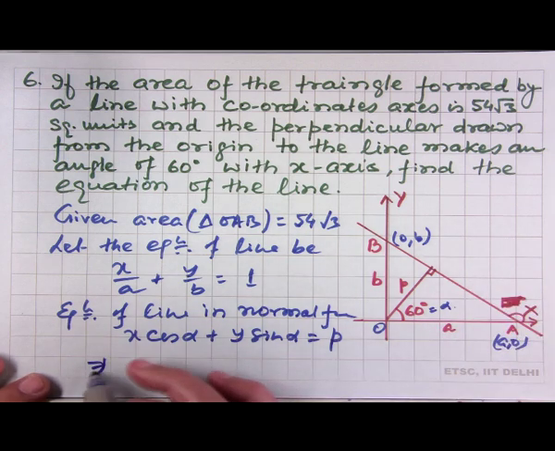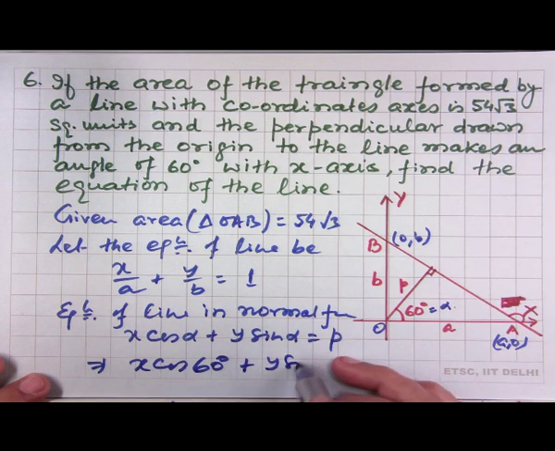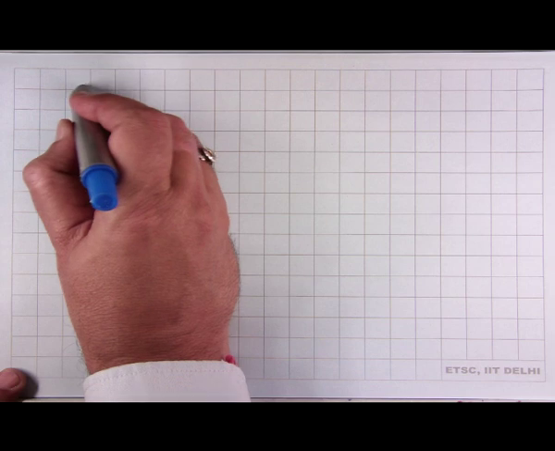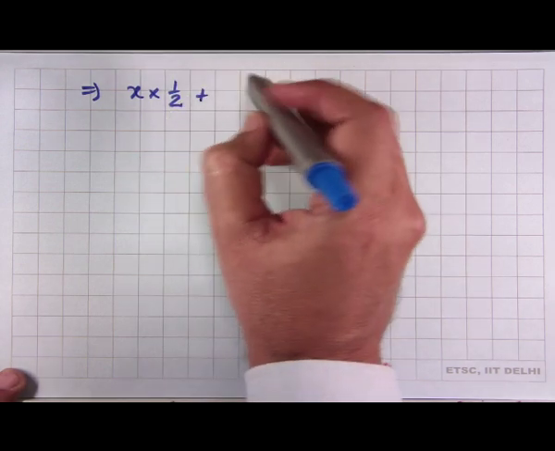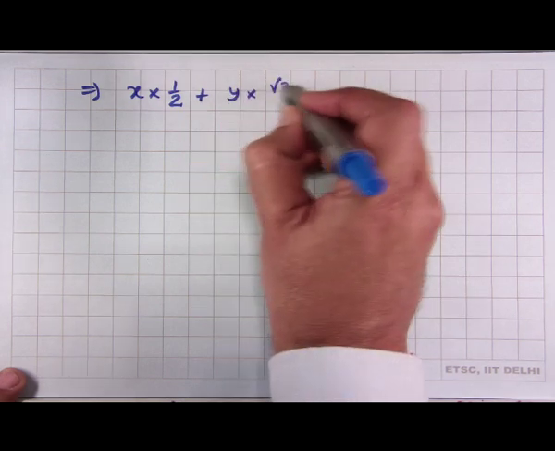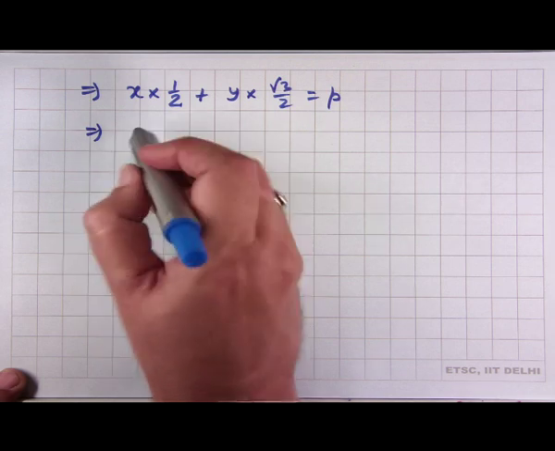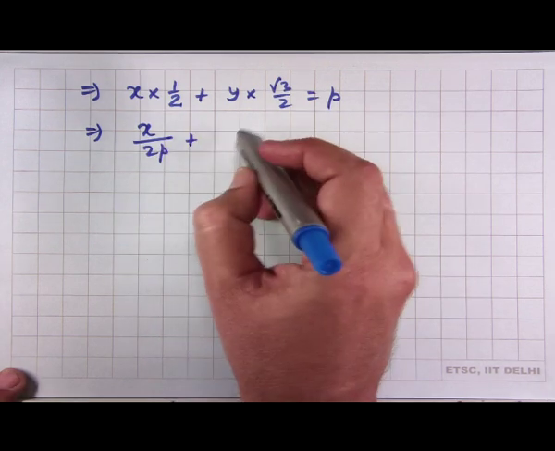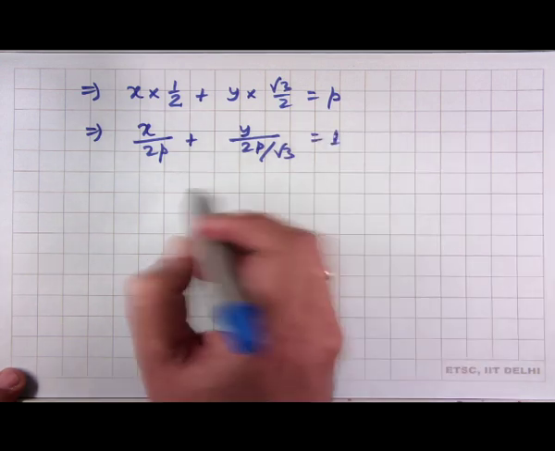So this implies x cos 60 degree plus y sin 60 degree equal to P. This implies x into 1 by 2 plus y into root 3 by 2 equal to P. This implies x by 2P plus y by 2P by root 3 equal to 1. This is second.